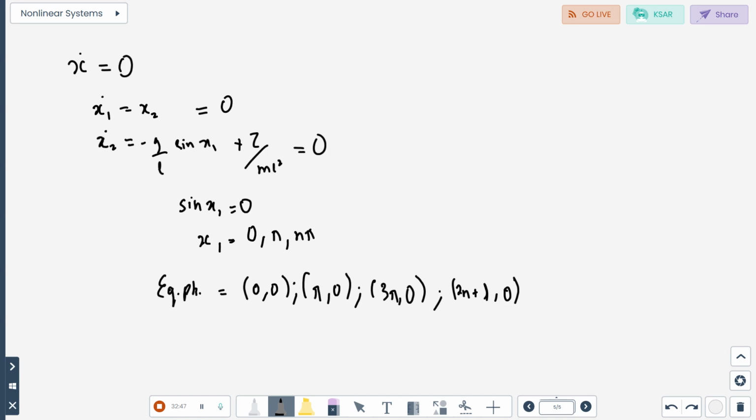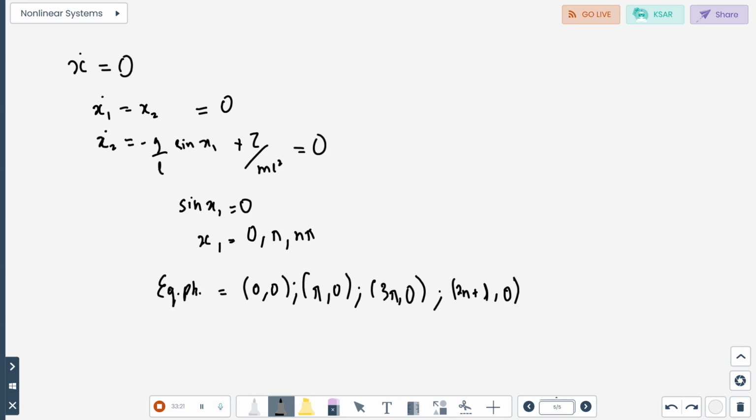So this was another thing that we do not see with a linear system. With a linear system, we only have one equilibrium point, a unique equilibrium point, where x1 dot is equal to 0, x2 dot is equal to 0, x3 dot equal to 0. What does that mean? Since these are all first order differential equations in a linear domain, x1 dot will only have one root, x2 dot will have only one root, x3 dot will only have one root.